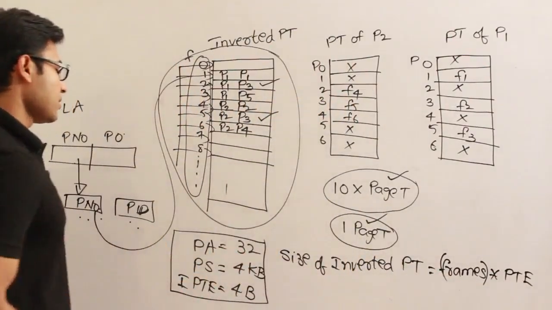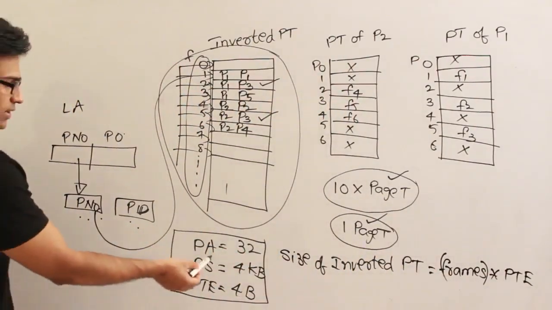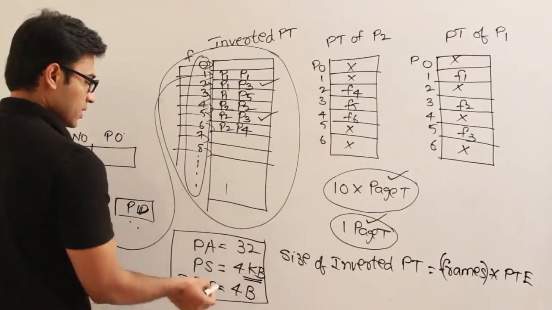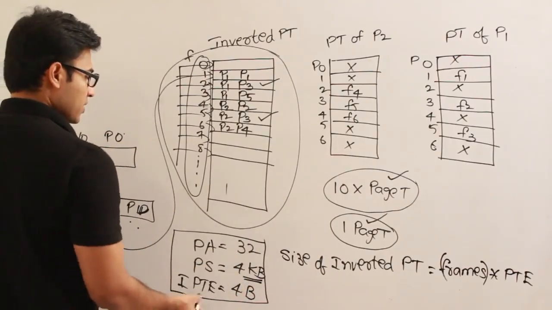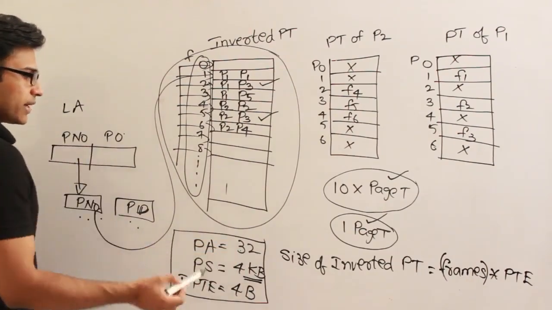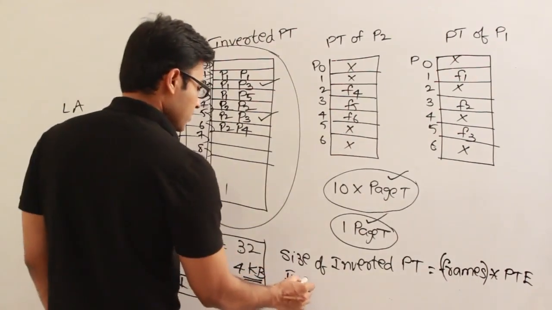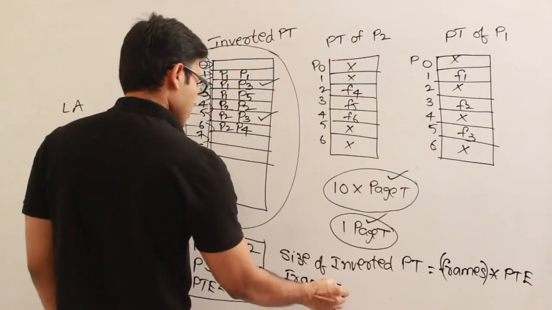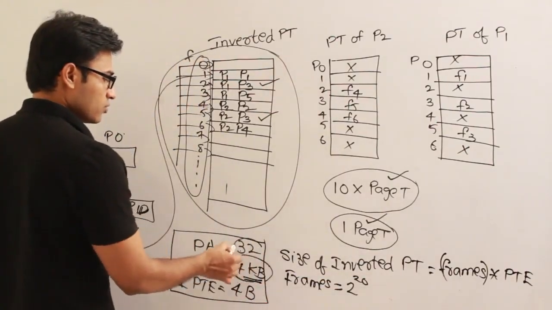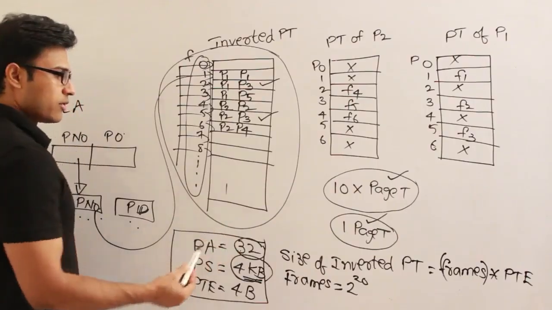Now you have to find out the number of frames in the main memory. If the physical address space is 2 power 32 and the page size is equal to the frame size, isn't it? Page size and frame size is 2 power 12. Then what will be the number of frames? You divide 2 power 32 by this. You will get that the number of frames in the main memory is equal to 2 power 20. Because this is 2 power 12 and this is 2 power 32, therefore you will get 2 power 20 frames.